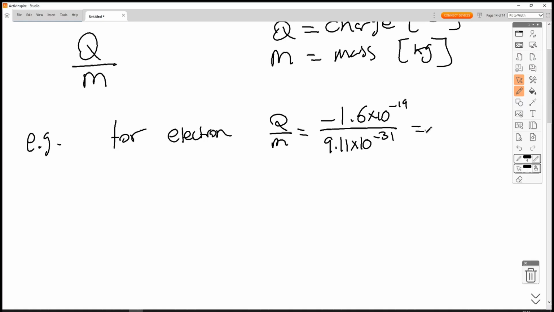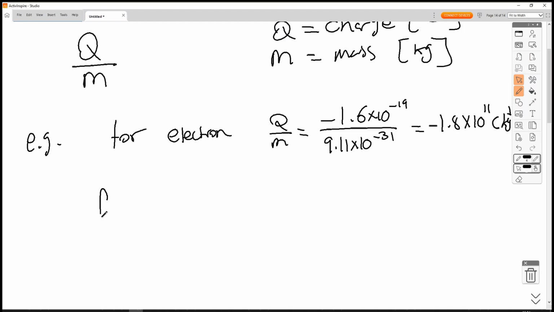That should give us roughly 1.8 times 10 to the 11. And the units are coulombs per kilogram, so it's C kg to the minus 1.